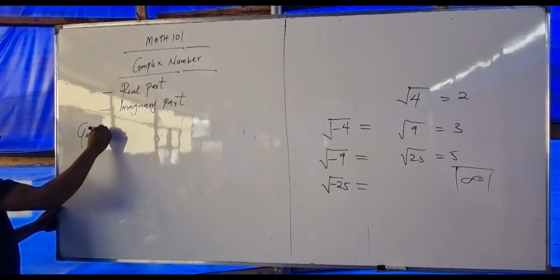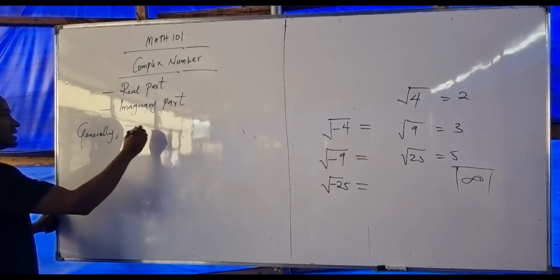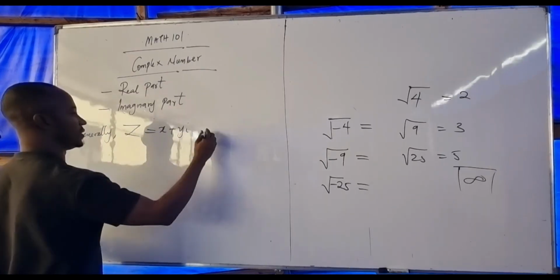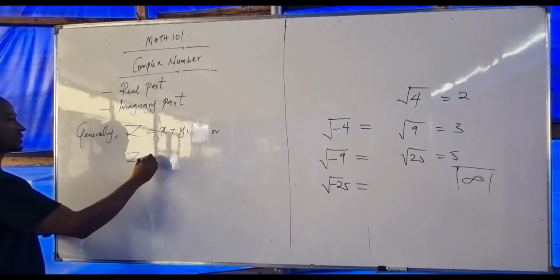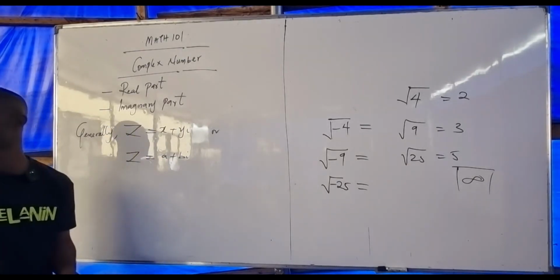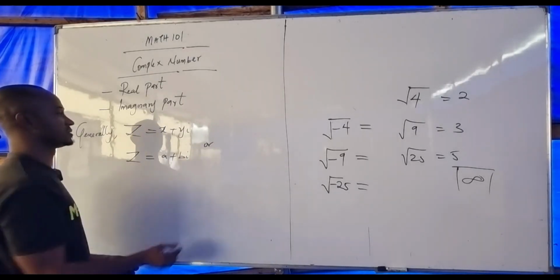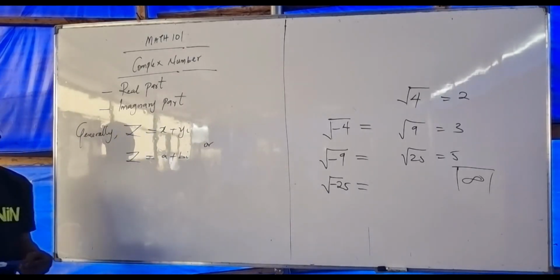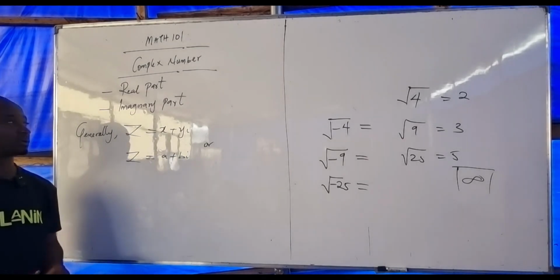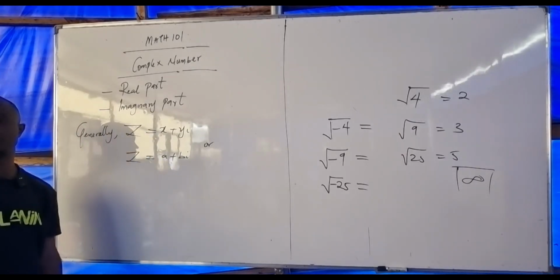Generally, they are expressed as z equals x plus yi, or z equals a plus bi, where z is a complex number.